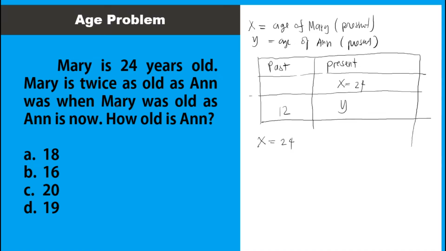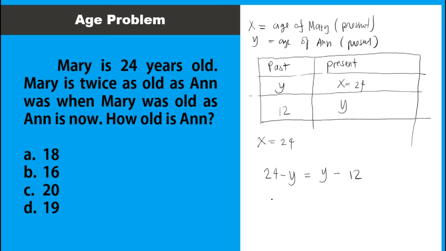In the second condition, Mary was as old as Anne is now. So the present age of Anne is the past age of Mary. If the present age of Anne is Y, the past age of Mary is Y. The interval between present and past is equal, so 24 minus Y equals the interval of Anne's age, Y minus 12.